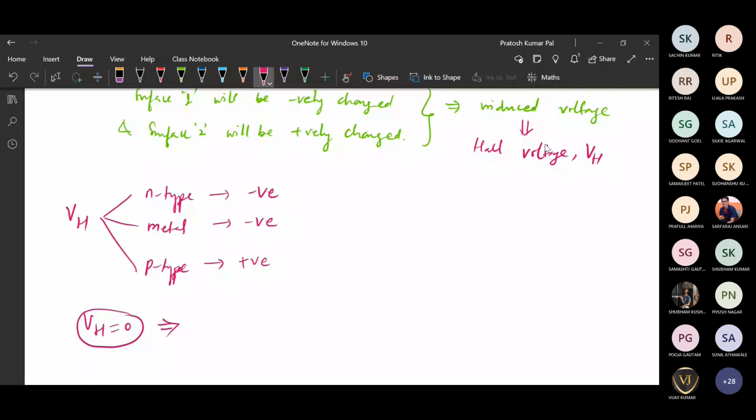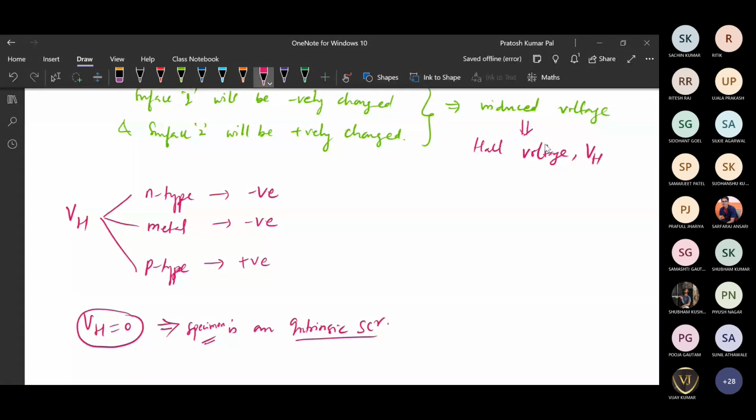If Hall voltage is 0, it will be indicating that the semiconductor is an intrinsic semiconductor. We can note like this: the specimen that we are using is an intrinsic type of semiconductor if Hall voltage is 0.